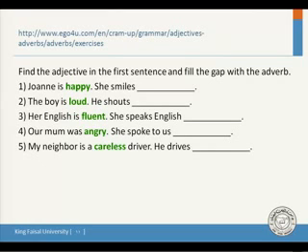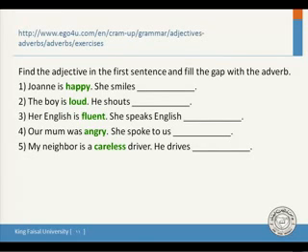Joanne is happy. Happy is an adjective. Can you change it to an adverb? Happy, happily. Who is happy? Joanne. She smiles. How does she smile? She smiles happily. Happily is an adverb. It describes the verb smiles.